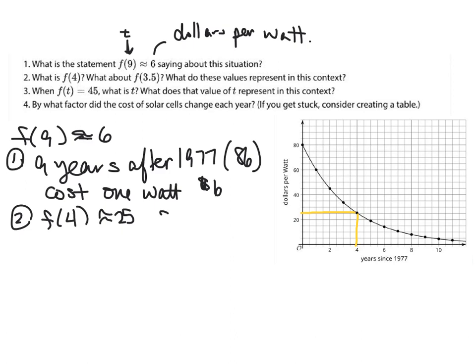And then we have f of 3.5. Let's see, that would be 3.5 about right there. Hits, comes on over, that would be about 30.